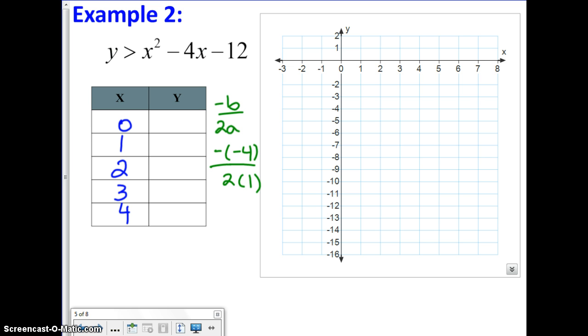So go back to table. This time type in x squared minus 4x minus 12. We are going to start at 0, since that's where our table is, and begin by plotting the points.